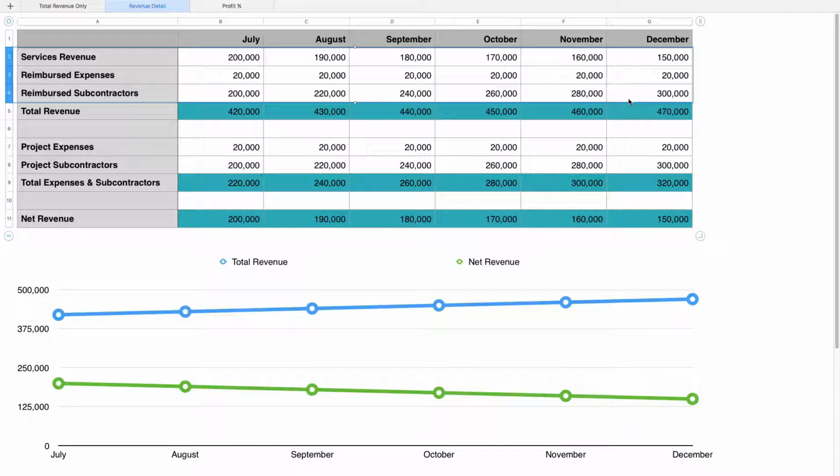Now what's happening is services revenue, or the fees earned by the firm's internal services, are decreasing. We're off 25%, which is a very significant drop. But that is being masked in total revenue by the additional reimbursed subcontractor costs. That these increases are hiding services revenue when we look at total revenue.